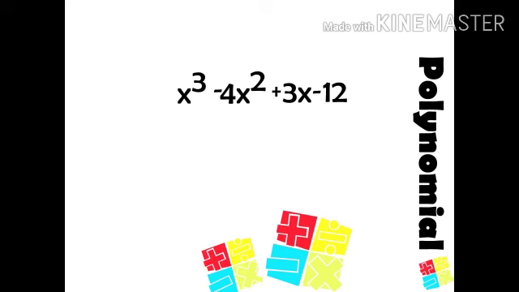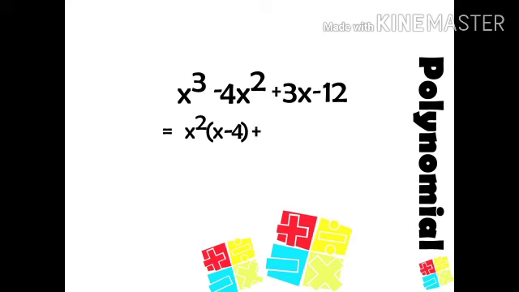What we do here is to separate the terms. For x cubed minus 4x squared, we have x squared times (x - 4). We just simplify the terms using the factoring binomials.